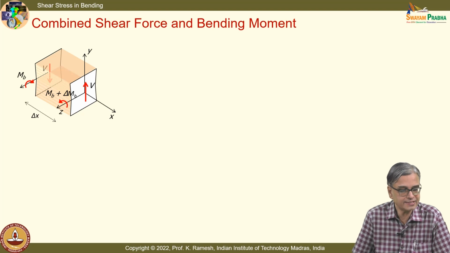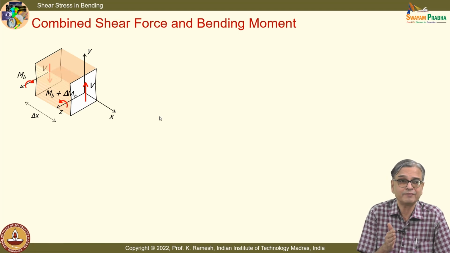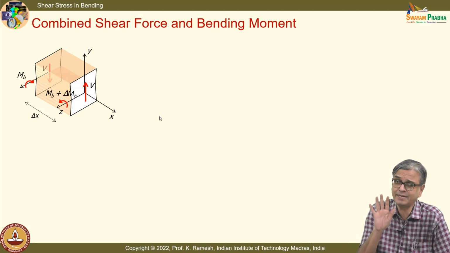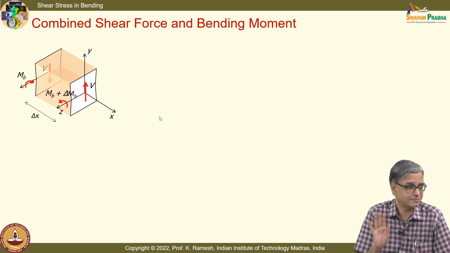So, what you find is the bending moment varies, and now if the bending moment varies, we have already said to find out the stresses due to bending, simply use the bending moment at that cross section, use the flexure formula. That freedom we have given. Fine.